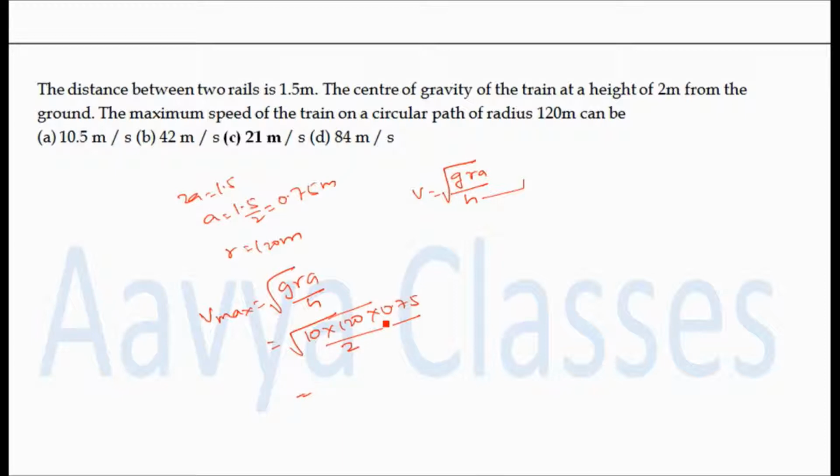If you solve it, just take 10 outside, 6 into 0.75, and it's equal to 10 into square root 4.5, so approximately equal to 21 meter per second. So the answer will be C, 21 meter per second.